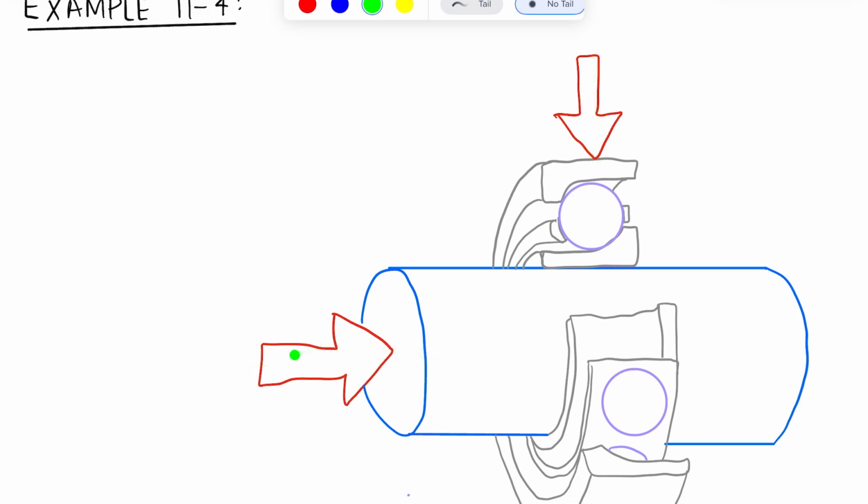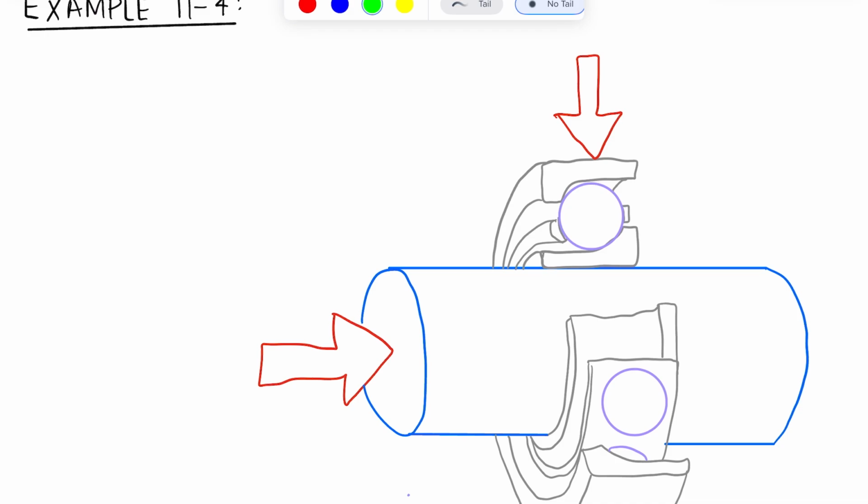So when we apply this axial thrust load to this ball bearing, the ball is going to contact the inner and outer raceway at these rounded corners that have been shaped by the inner and outer raceways. And that contact is what is allowing this bearing to actually take up axial thrust loads.